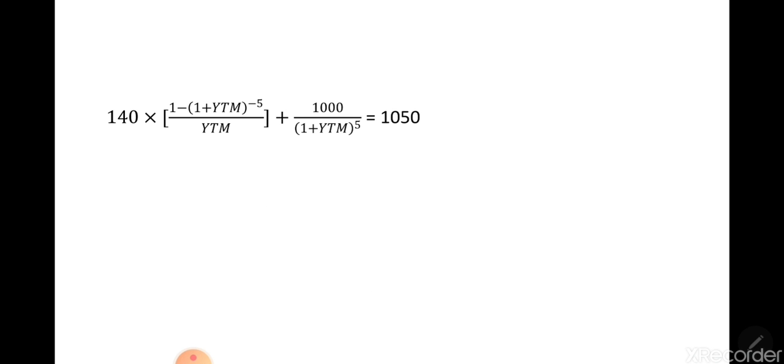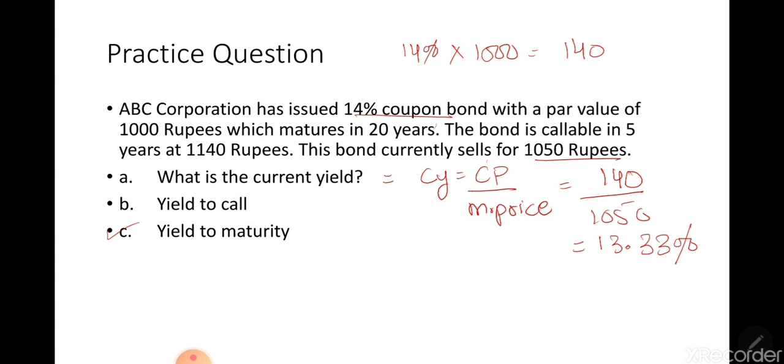So for yield to maturity, again you will have to write down the equation. The total maturity of the bond was 20. So if the bond does not get called back, it will go to a duration of 20 years. It will complete 20 years, and once 20 years are completed, the investor will get the par value back.